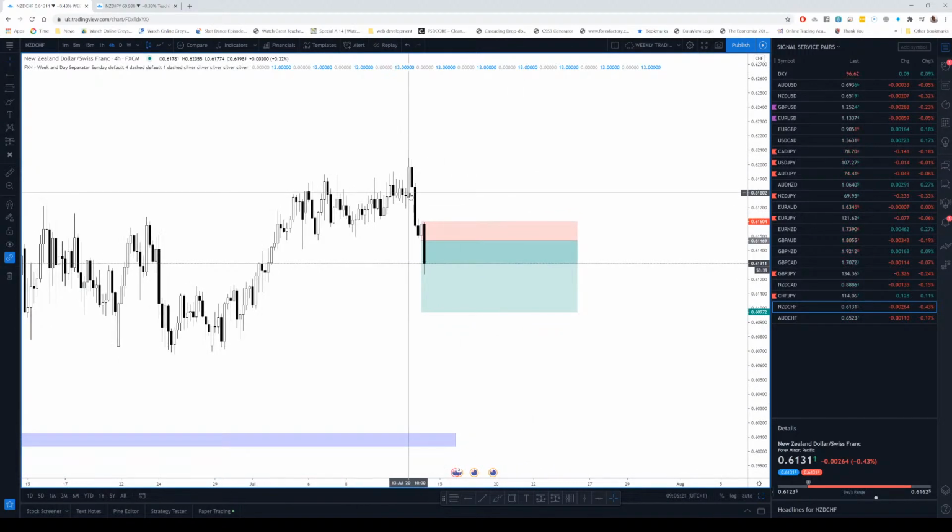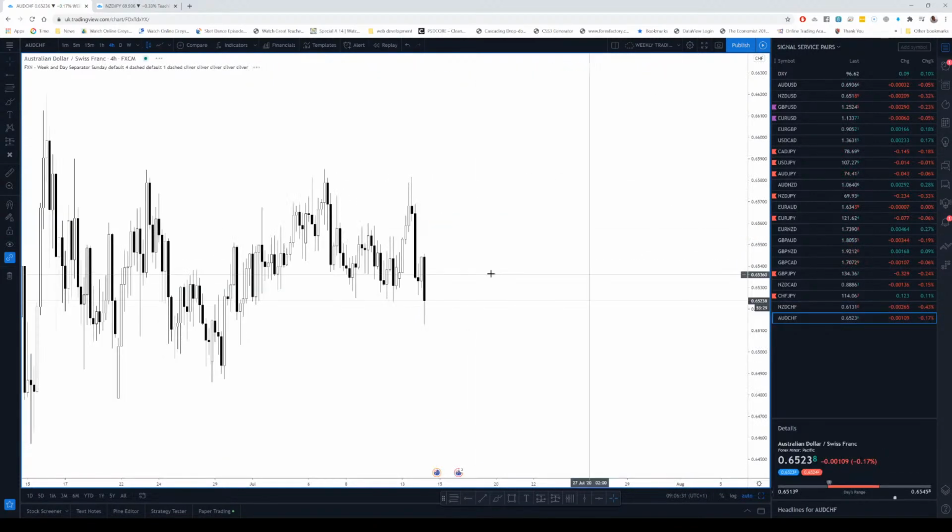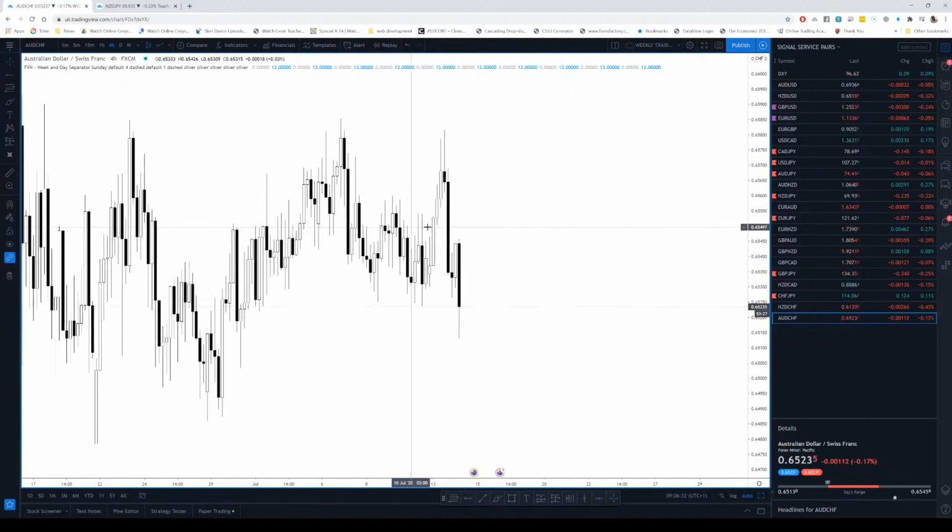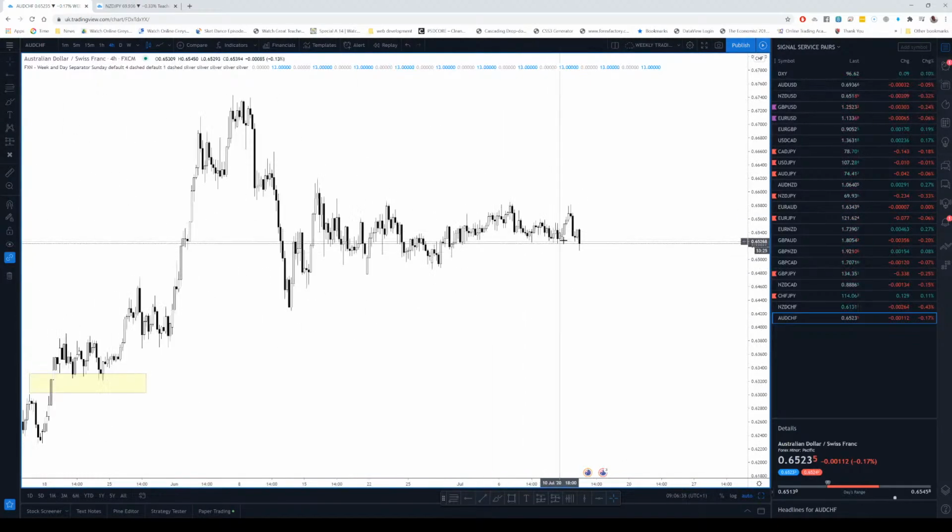I was expecting it to come up here last night when I was watching it, but it didn't do that. So if you do get it here, you sell short. Same thing with Aussie. This is a mess, so we should just slide through it. And I like these nice equal lows that we have.